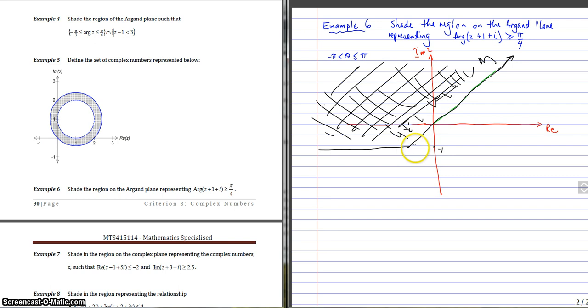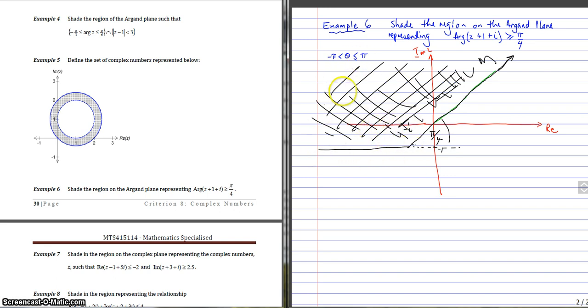Alright, so what we might do is put a dotted line here just to indicate our angle, which is pi on 4, and we've got our shaded area there. It's equal to, so it includes our line, which means it's solid, and that's good.